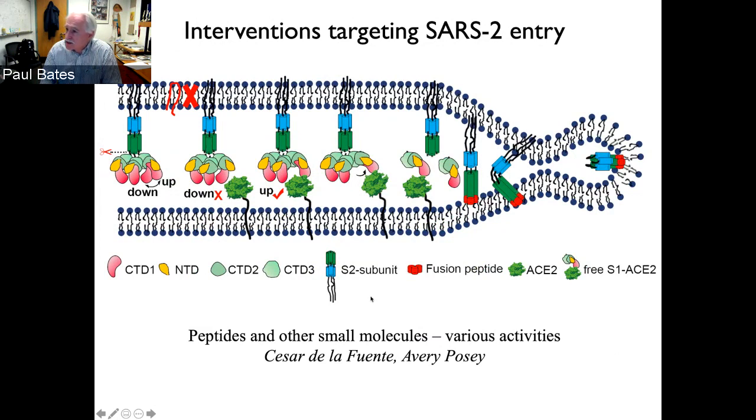And then Avery Posey has a number of lectins and other molecules that likely will be able to affect either conformational changes or binding to the receptor.